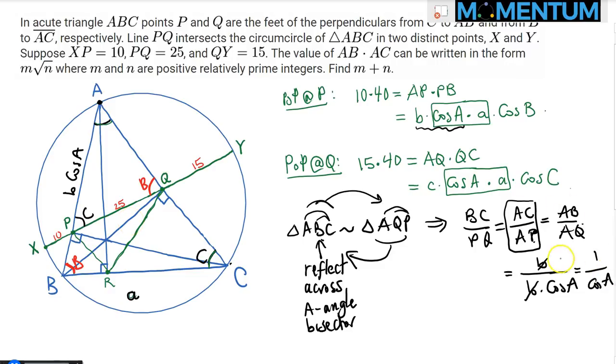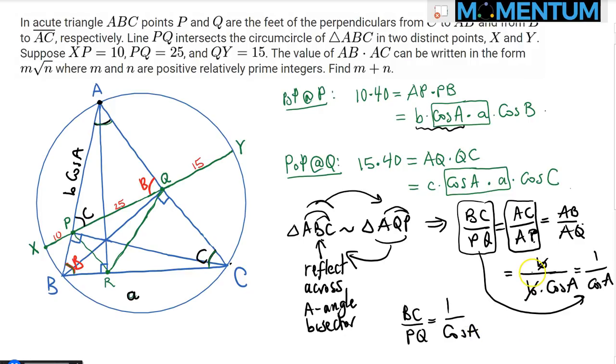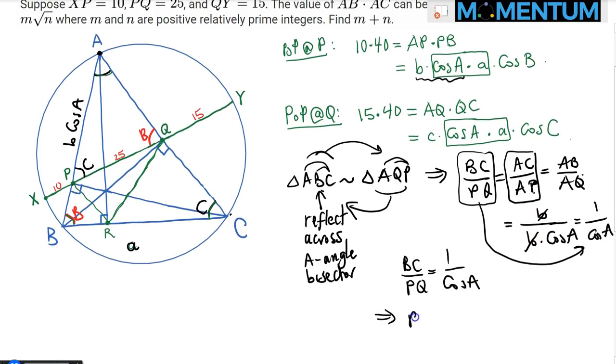As a result, combining it with this result, we have that BC over PQ equals 1 over cosine of angle A, and therefore PQ itself is just BC cosine A, or if you will, A times cosine of angle A. That's nice, but PQ was just 25.